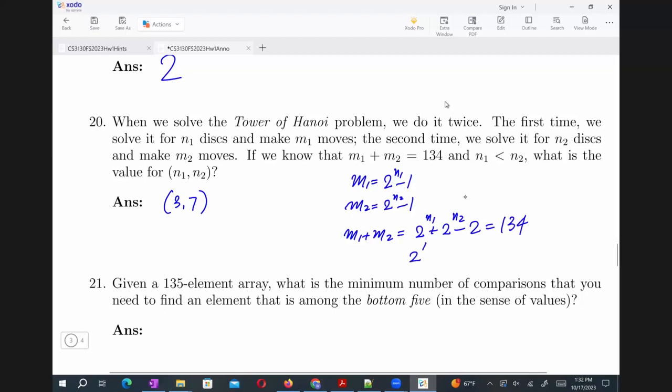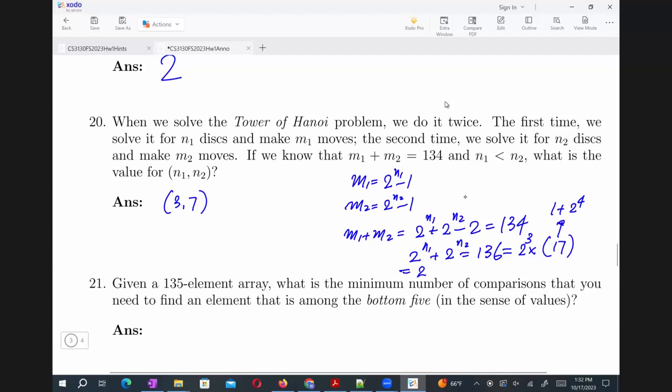So 2 to the n1 plus 2 to the n2 equals 136. Then do factorization. Factor out powers of 8 as much as you can. 136 is 8 times 17, and you write 17 as 1 plus 2 to the 4th. So you get 2 cubed plus 2 to the 7th.